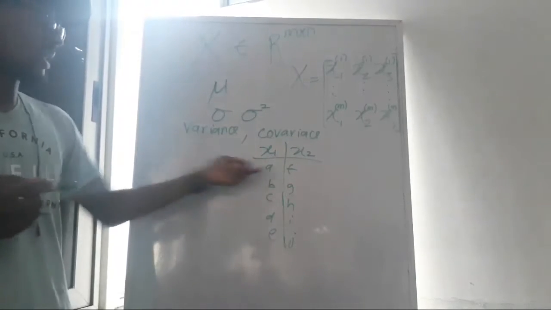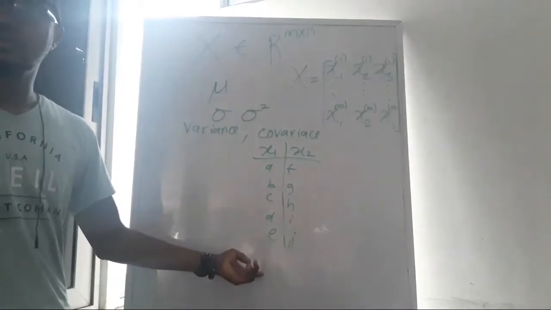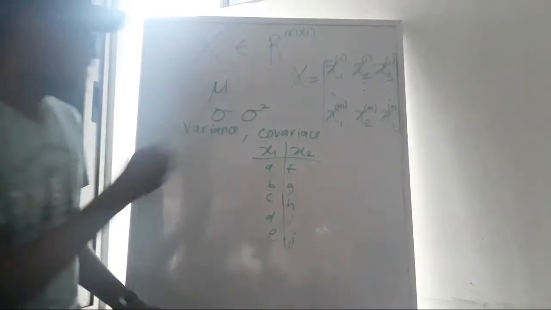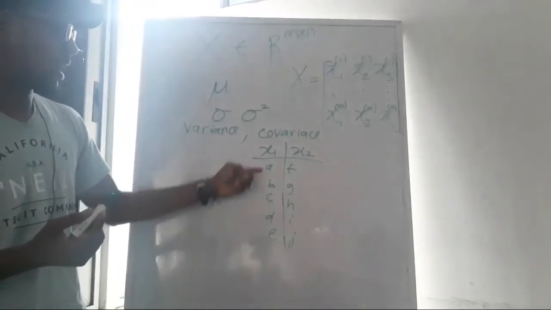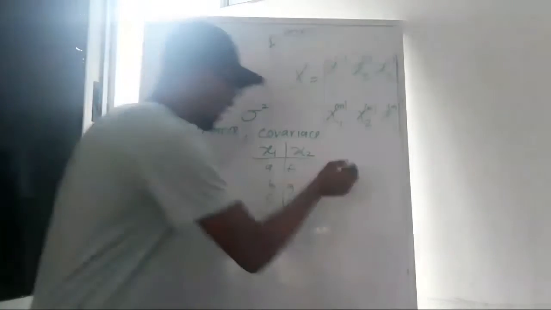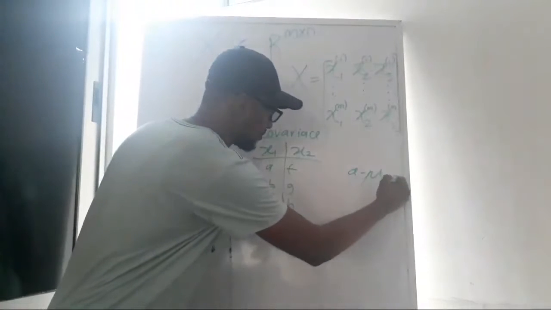Then you can find the variance of x1. What's the variance of x1? It's saying how much each value differs from the mean. Let's say the mean for x1 is mu1.